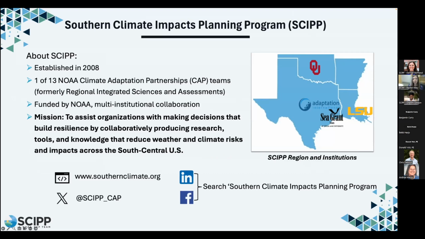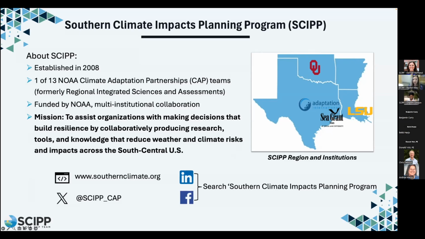So for those of you who maybe don't know anything about SCIP, we're the Southern Climate Impacts Planning Program. We started in 2008 under a competitive grant awarded from NOAA. We cover the 4-state region you see on the screen: Oklahoma, Arkansas, Texas, and Louisiana.